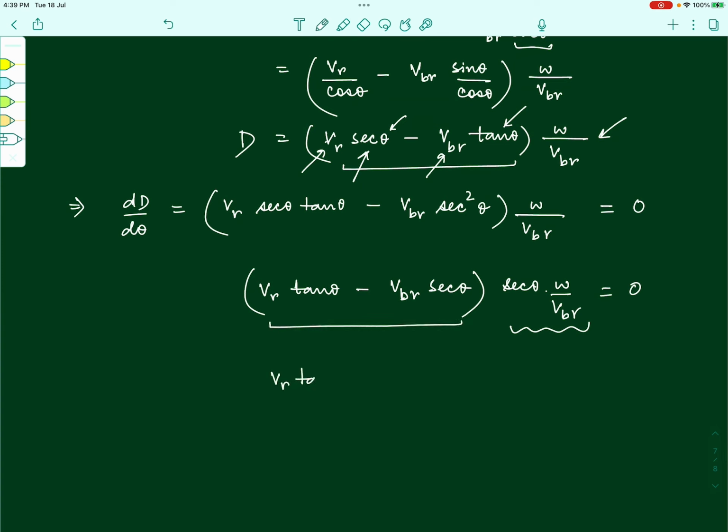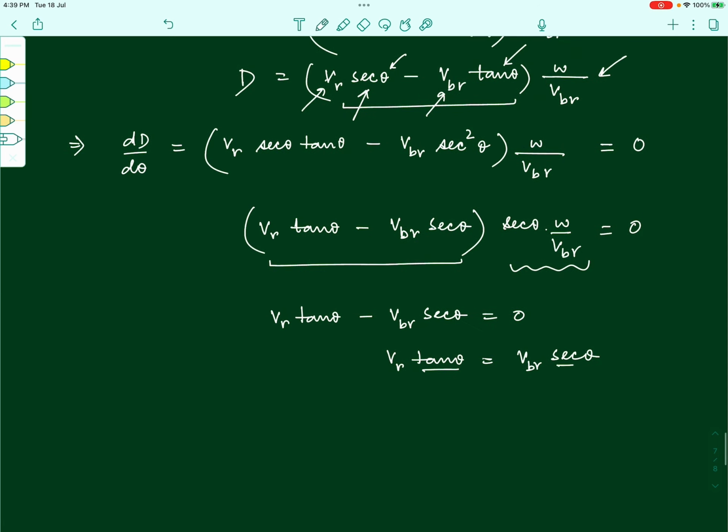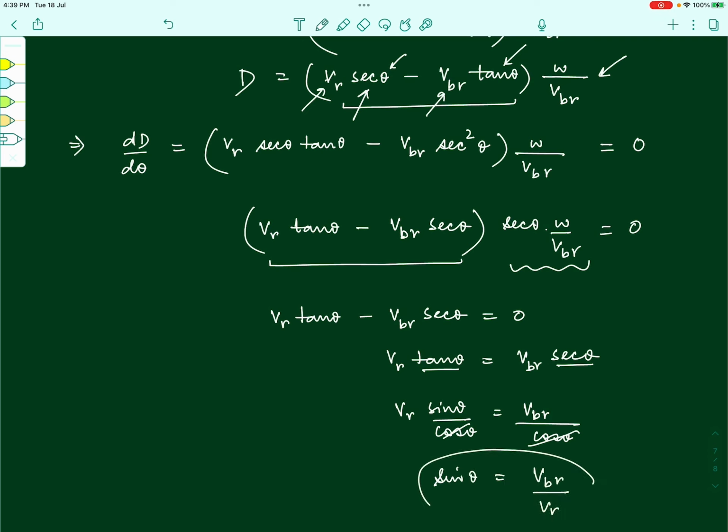So, VR tan theta minus VBR sec theta will be 0, or VR tan theta will be equal to VBR sec theta, which when we solve, because we know that tan theta can be written as sin theta by cos theta and sec theta can be written as 1 by cos theta, the cos theta will cancel out, and we are left with sin theta is equal to VBR by VR as our final expression for the drift being minimum.